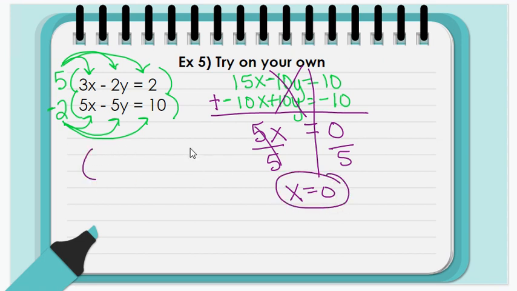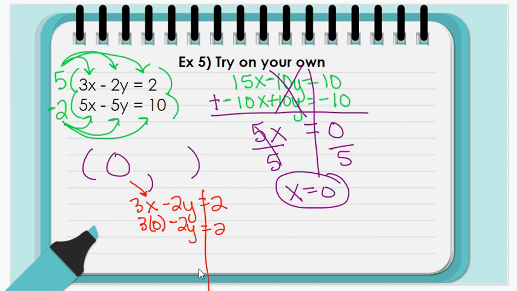So I know in my ordered pair, my x value is 0. I want to plug that back in and solve for my y value in one of these equations. I'm just going to use the top one. 3x minus 2y equals 2. So where this x is, I'm going to plug in that 0. So this will be 3 times 0 minus 2y equals 2.